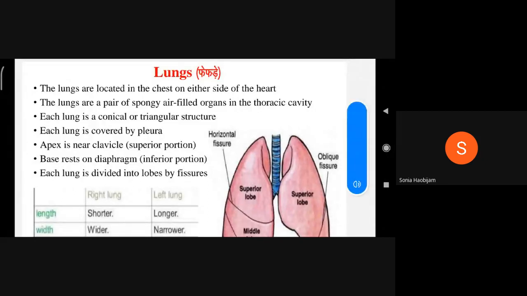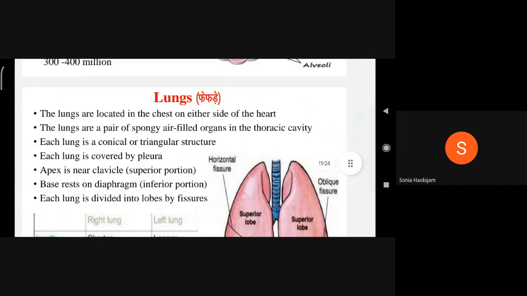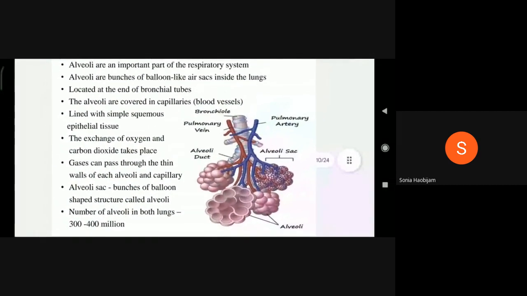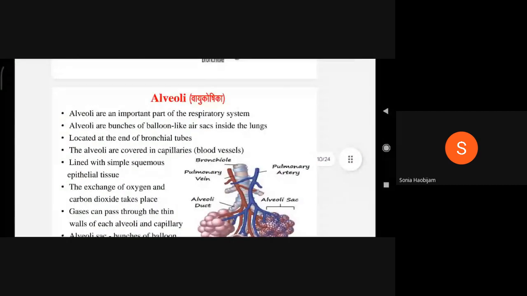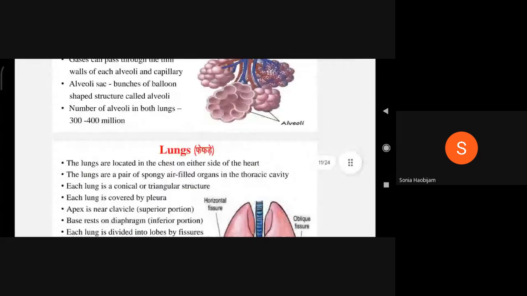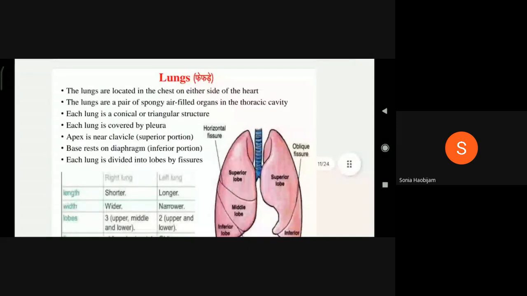Okay. So till yesterday we have completed alveoli, right? Now from today we will continue with the next topic, that is our lungs. The lungs are located in the chest on either side of the heart.